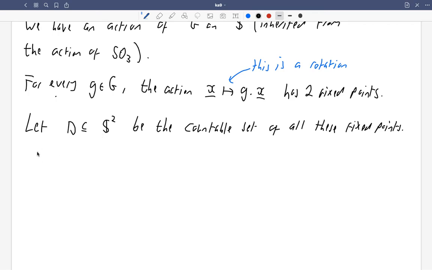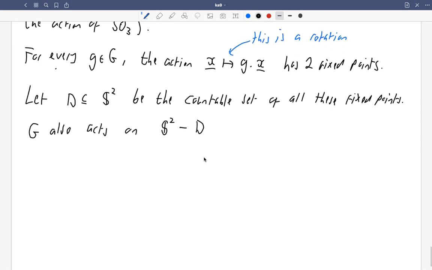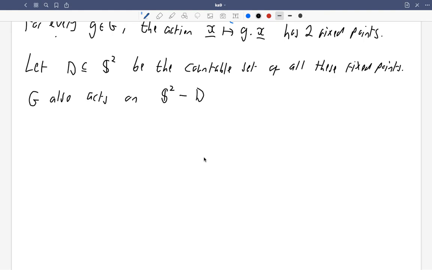So importantly, G also acts on the set S2 where we've removed this countable set of fixed points. Okay, now this might seem rather technical, a bit mysterious where we're going. Hopefully that is going to become a little bit clearer in just a moment.